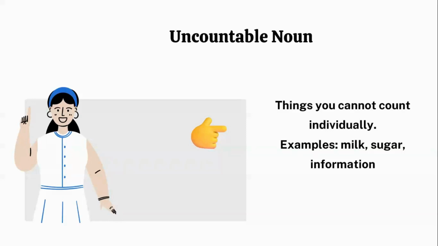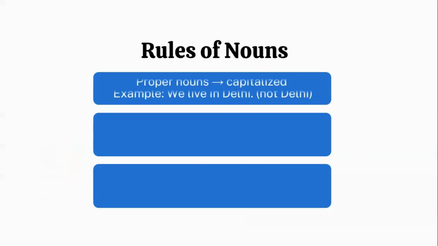Now, I have already discussed the types of noun in detail with examples. So, now you are going to know about the rules of noun. Okay? So, proper nouns. That means capitalized.